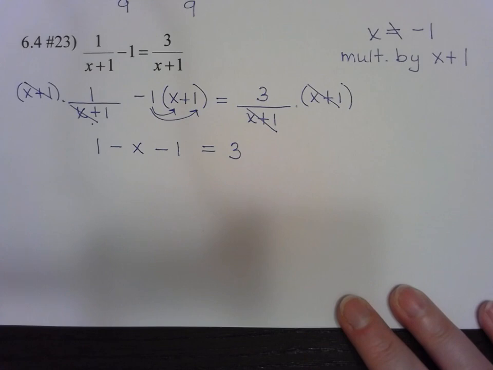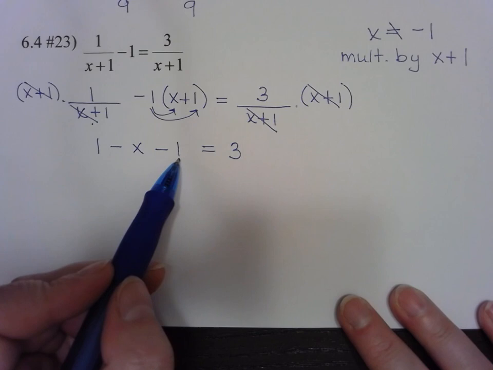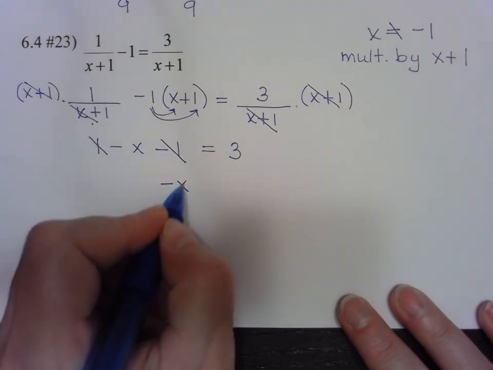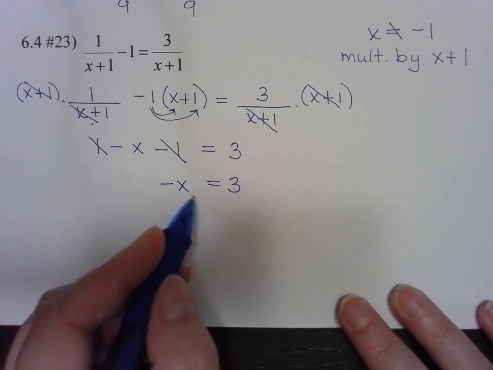All right, so again, the fractions now are gone, and we're left with something that we're pretty comfortable with canceling. This is a positive 1, and this is a negative 1. So these are going to add to 0. This is like negative 1x.